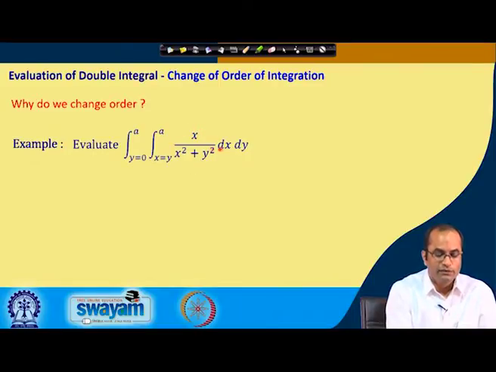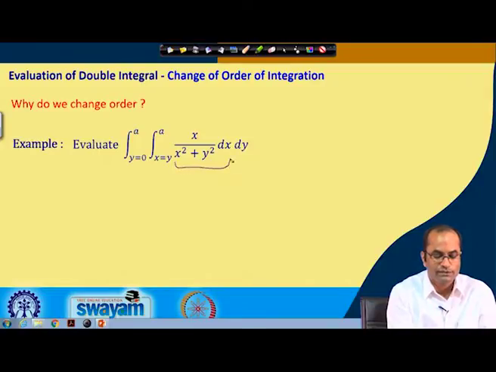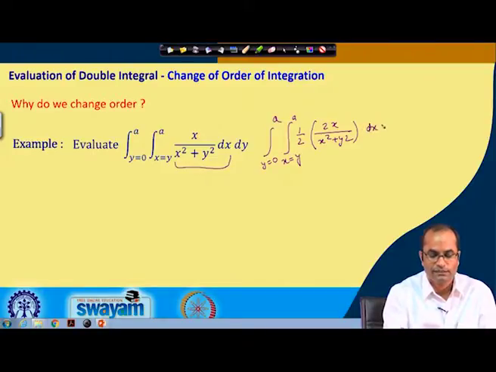The question is, if we integrate here with respect to x first in the given order, then what will happen? We should consider here 1 by 2 in front, and then we have 2x over x squared plus y squared. This is our integrand, and then we have the integral with respect to x from y to a and with respect to y from 0 to a, with dx dy.